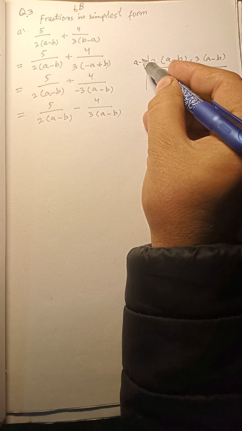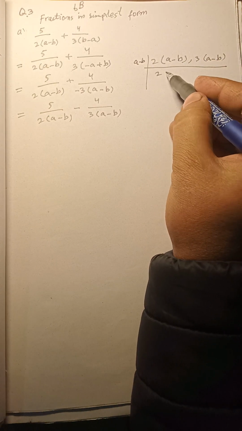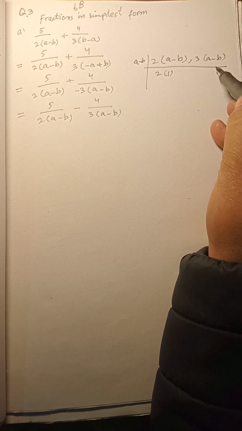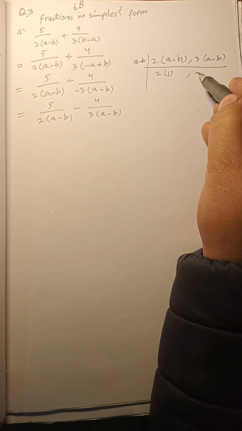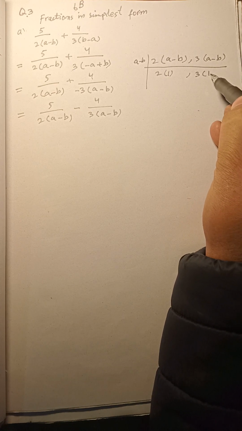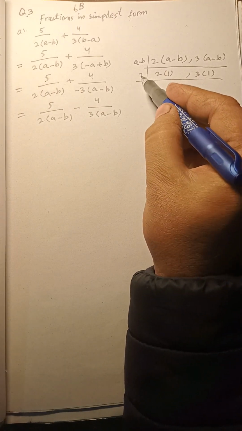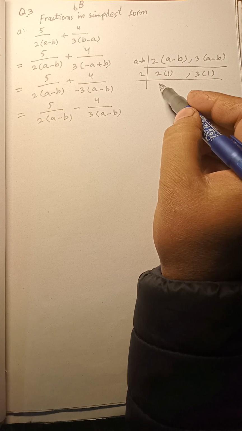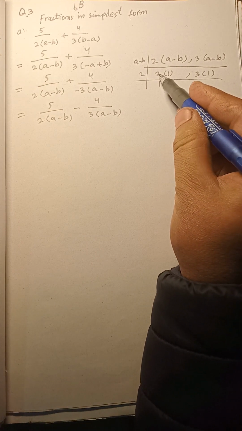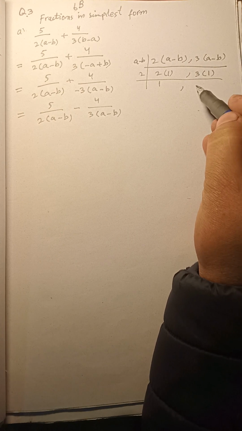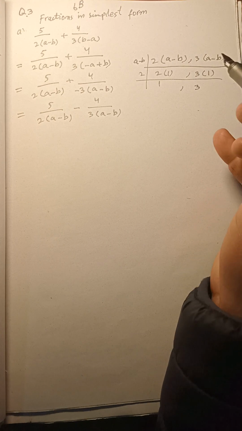If we divide these by a minus b, here 2 will remain, and a minus b when divided, there will be 1, and here again 1 will remain. And now you can divide these by 2, here 1 only, and 1 ones are 1, and this 3 will remain the same.